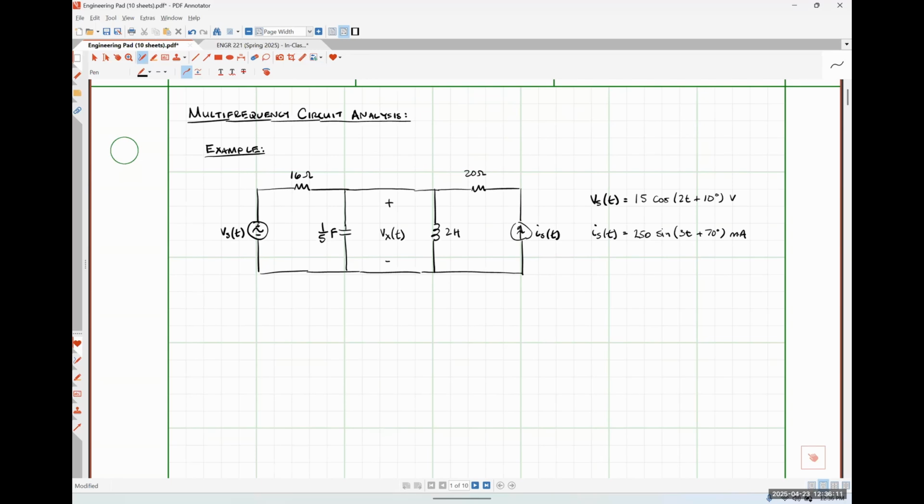Sometimes we'll deal with multi-frequency circuits where one of those frequencies is effectively DC, and then we have AC signals superimposed on top of it and all of that kind of stuff. Same process applies here. So how do you guys think that we are going to handle a circuit like this? Any thoughts?